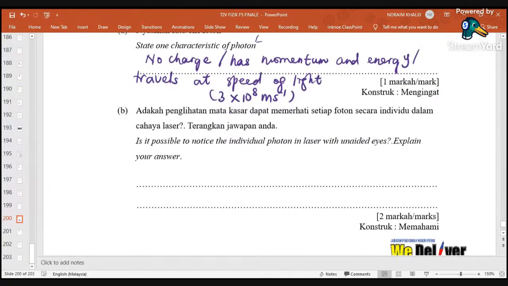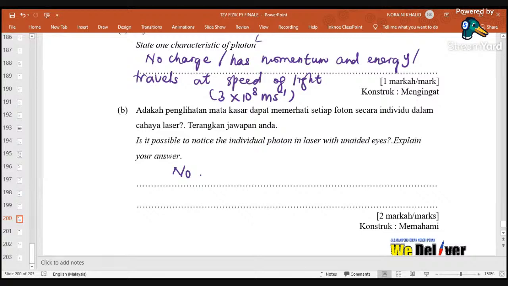Is it possible to notice an individual photon in a laser with unaided eyes? Explain your answer. Can we observe the packets of energy? We cannot observe that. We can only observe light that travels like continuous light.